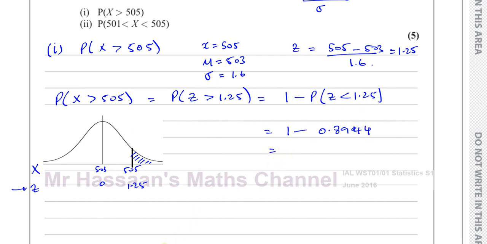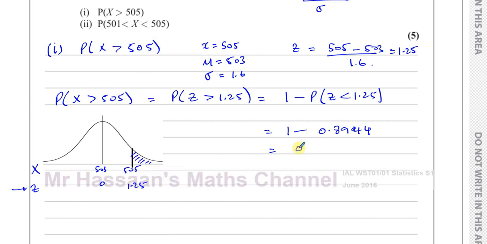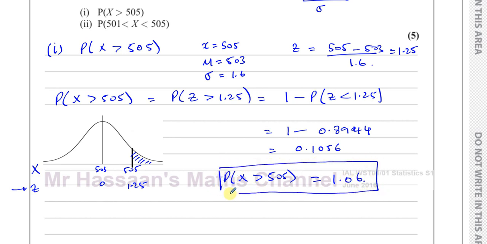Therefore, we get our answer as 1 minus 0.8944, which is 0.1056. If we round it to three significant figures, therefore we can say the probability that x is greater than 505 is equal to 0.106. There's the answer to part 1.